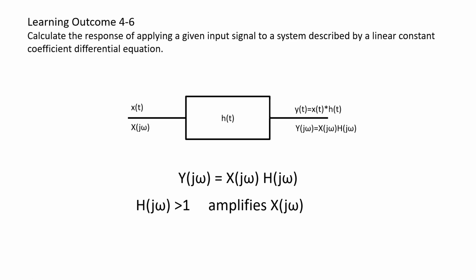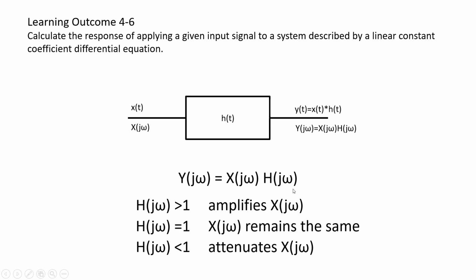If that scaling factor is bigger than 1, then our input x of j omega will be amplified as the output is determined. If our h of j omega is equal to 1, our output will be identical to our input. If our frequency response is less than 1, then our output will be smaller than our input. We say that our input is attenuated.